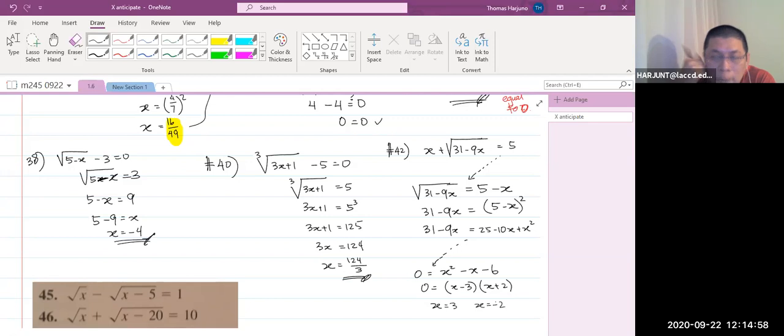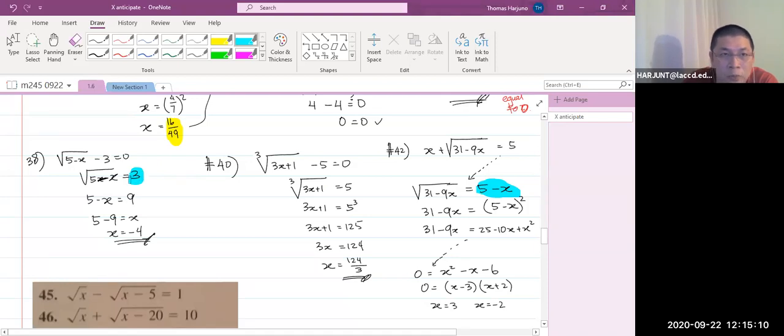The only exception is when the other side, this side here, happens to be a positive constant, which is not the case we have here. Like this case, positive constant. But if you have a variable or if it's negative, then you need to check. So I will check against the original equation.